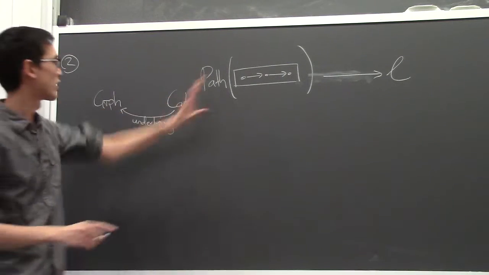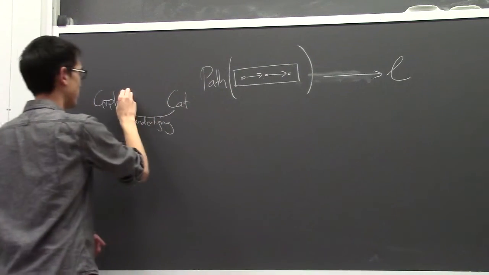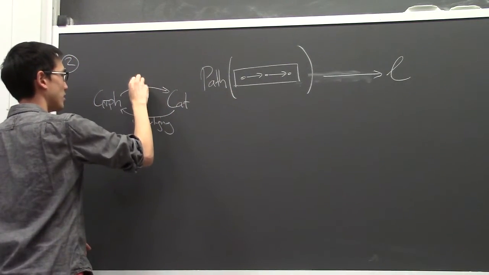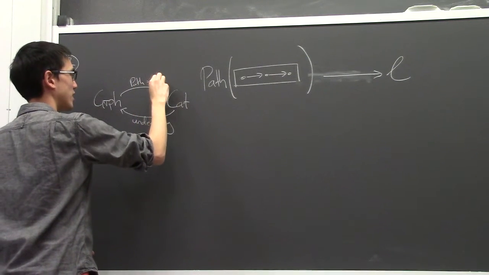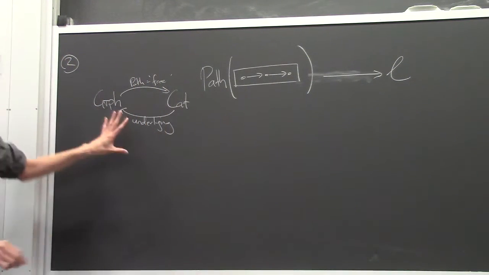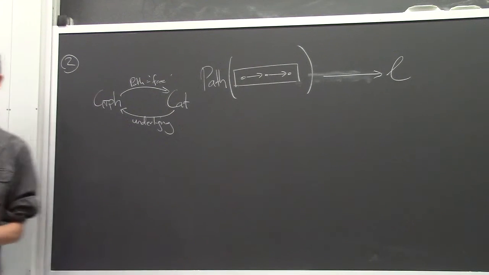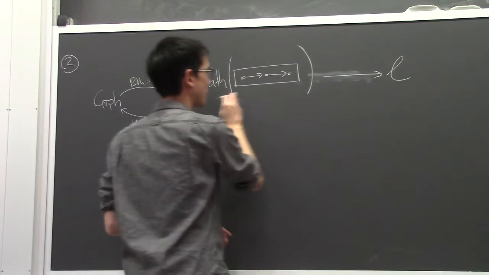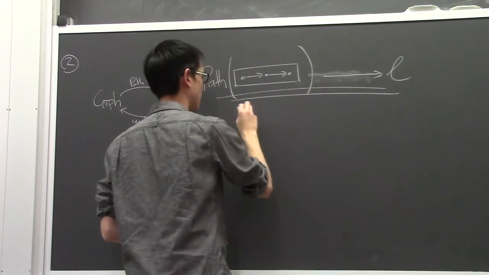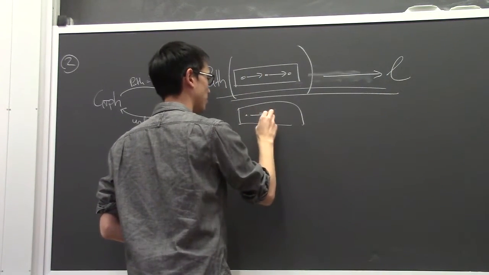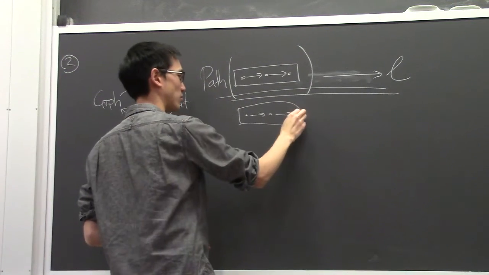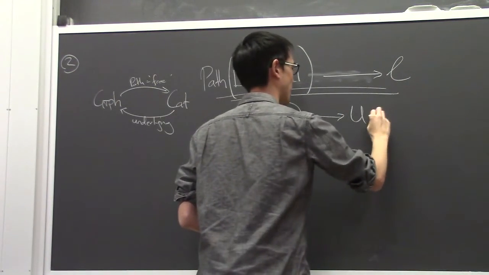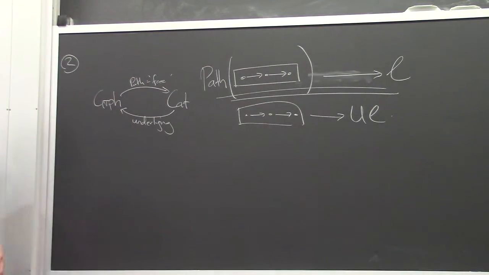And there's also this map called path or free that takes a graph and returns the path category. And so these two things are also an adjunction. Maps from the path category to C are the same as graph homomorphisms from some graph to the underlying directed graph of C.